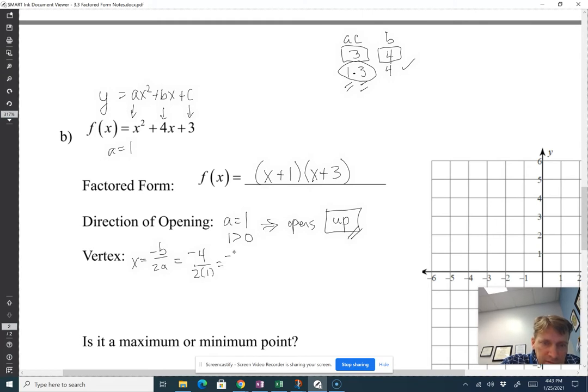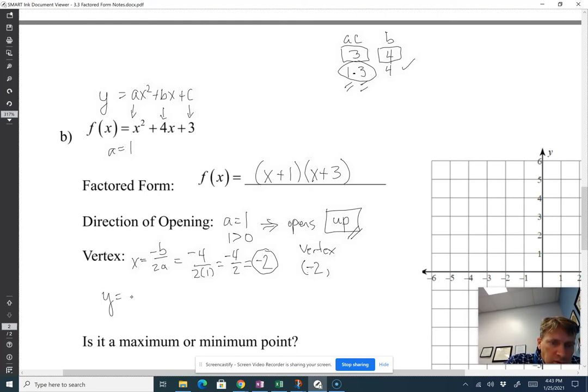And that's negative 4 over 2. And negative 4 over 2 is negative 2. I'm going to circle that. And over here I'm going to write vertex. The x-coordinate is negative 2.